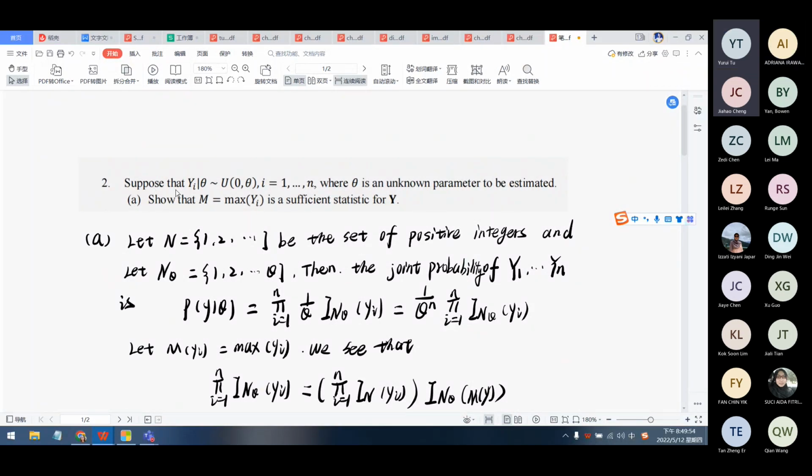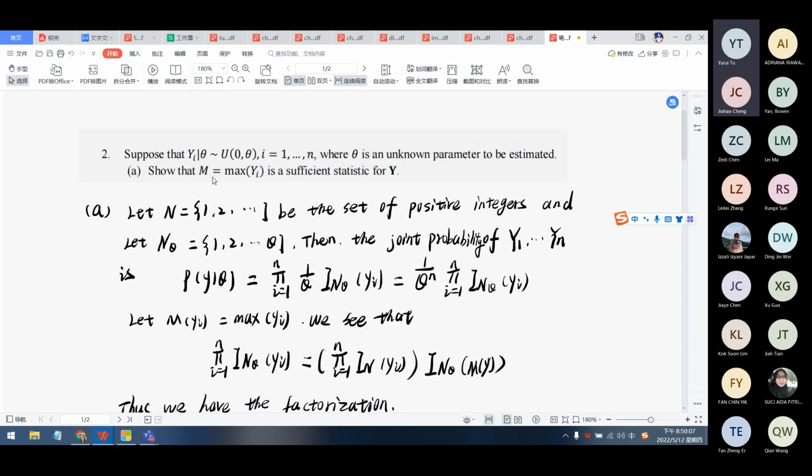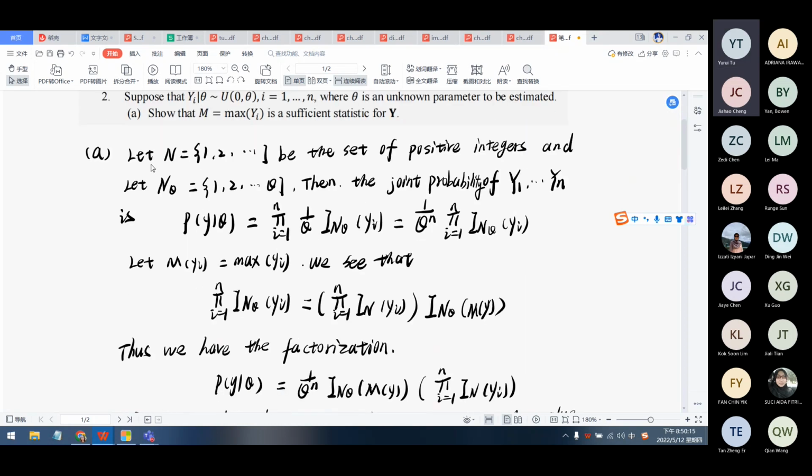Suppose that yi given theta follows uniform 0 to theta distribution, i equals 1 to n, where theta is an unknown parameter to be estimated. This is A. Show that M equals max yi is a sufficient statistic for theta. First, let N equal 1, 2, 3, 4, 5, and so on be the set of positive integers, and let the indicator be 1 to theta.